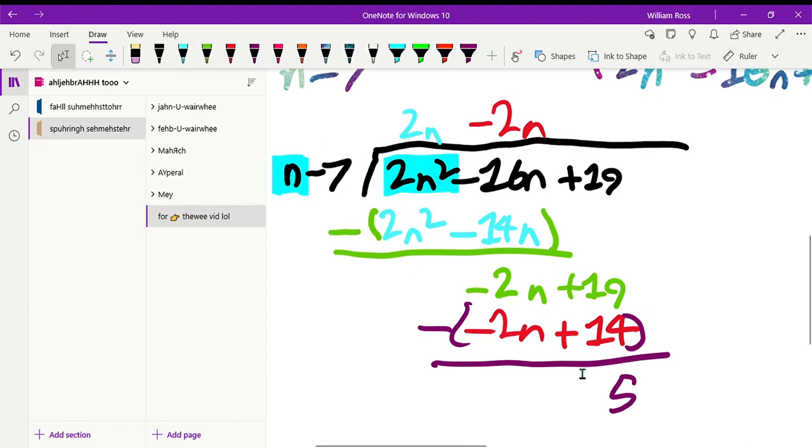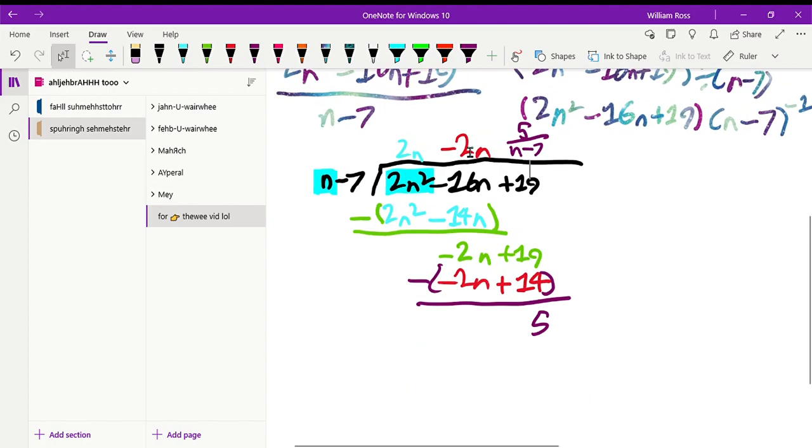Now, what we do here, this would be your remainder, just like in elementary when remainders used to exist. And this is very similar to doing a mixed number. So remainder would be your numerator. So it will be 5. And then, of course, this would be your denominator. So we'll have 5 over n minus 7.